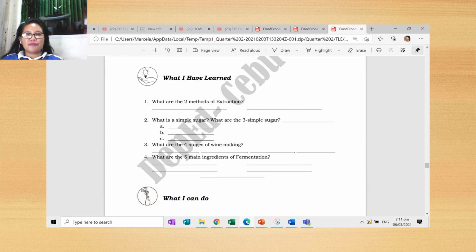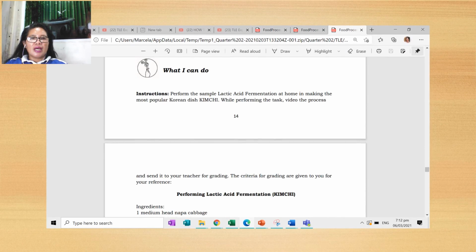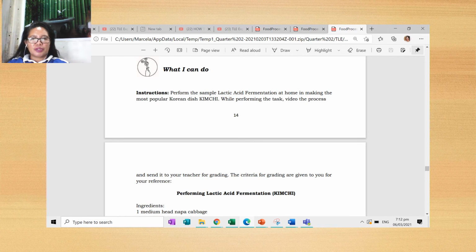Here, this is very important. You're going to perform this one, and this will be your output instruction. Perform a simple lactic acid fermentation at home by making the most popular Korean dish, kimchi. Very popular now.